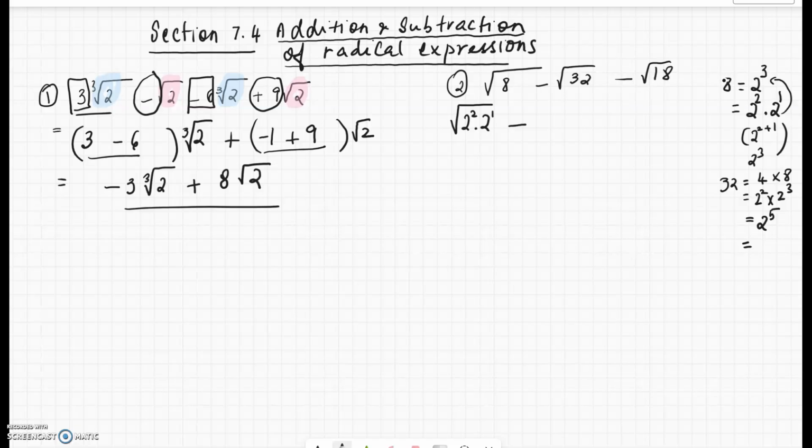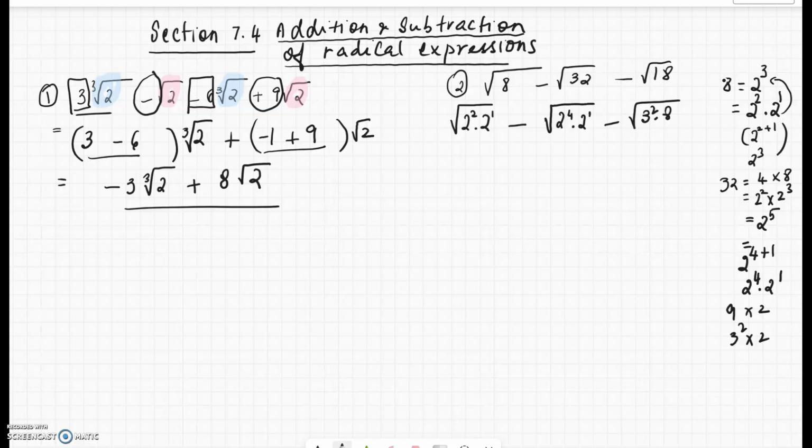Since we're taking the square roots, we're going to look at a multiple of 2 that is largest and less than 5. 5 can be written as 2 to the 4 plus 1, which is the same as 2 to the 4 times 2 to the 1. So this is the square root of 2 to the 4 times 2 to the 1, minus 18 is 9 times 2. 9 is 3 squared times 2. So this is the square root of 3 squared times 2.